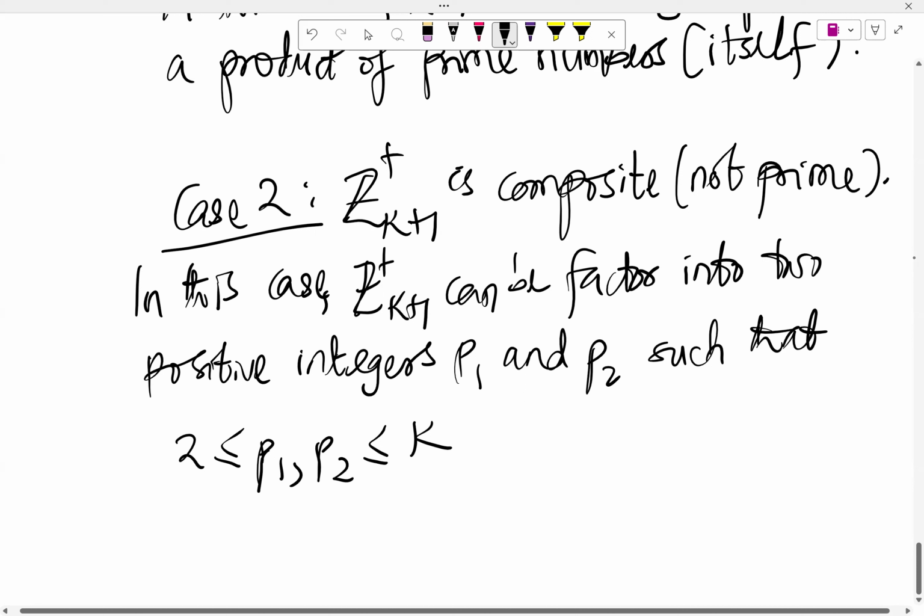That means that whatever the last k we have is, the two factors are between 2 and k.